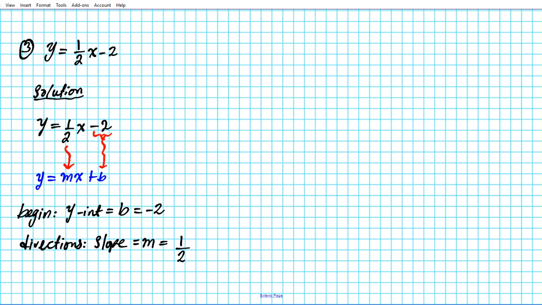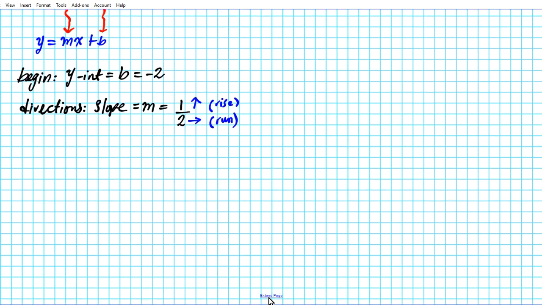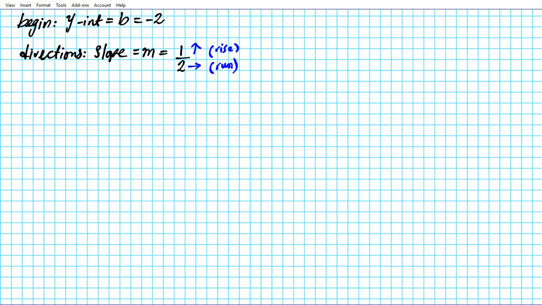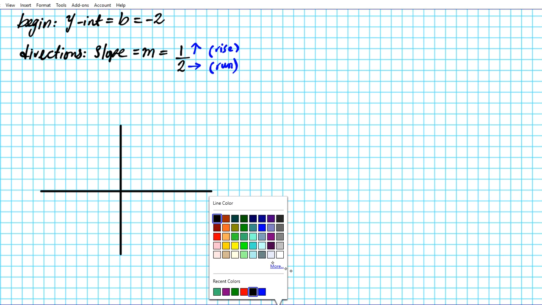In this particular example, the numerator is your rise, since it's positive, and the denominator is your run. All right, so we're going to rise, starting from the beginning, -2 on the y-axis, we're going to rise 1 and run 2. Okay? All right, let's go ahead and graph the line. All right, so let's start by graphing our y-intercept.